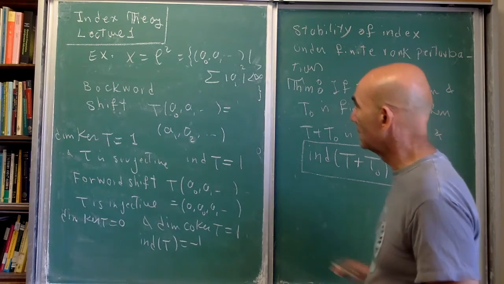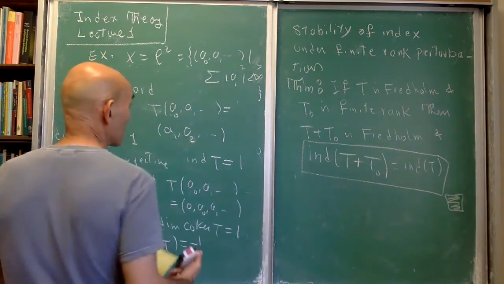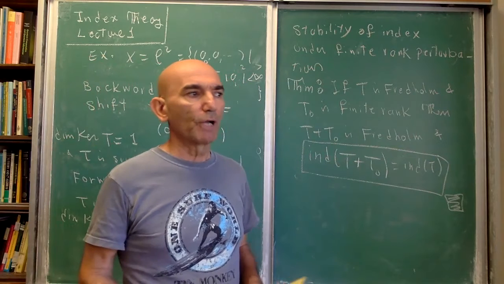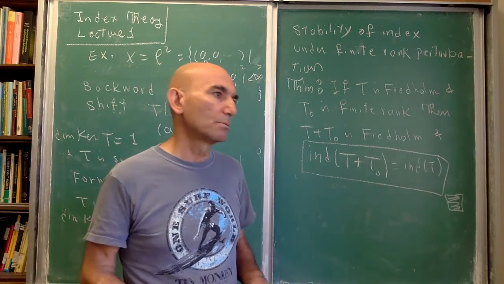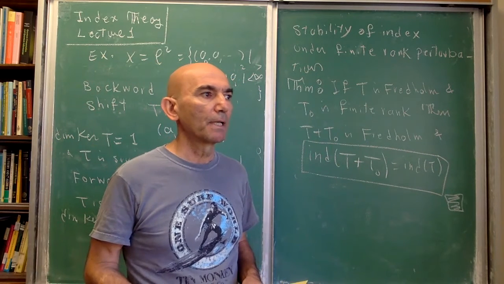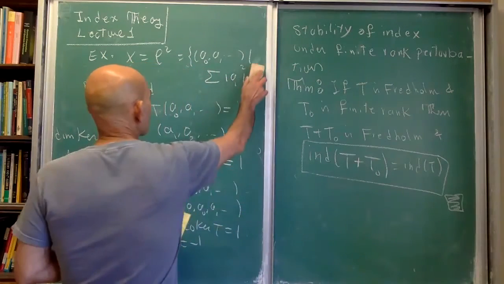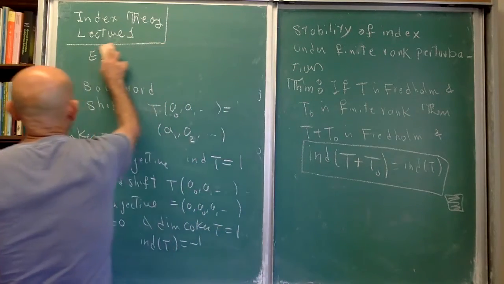So let's look at one very, very important class of operators. This is not pure algebra, but it can be explained algebraically. And this is the class of Toeplitz operators. So let's look at this now.